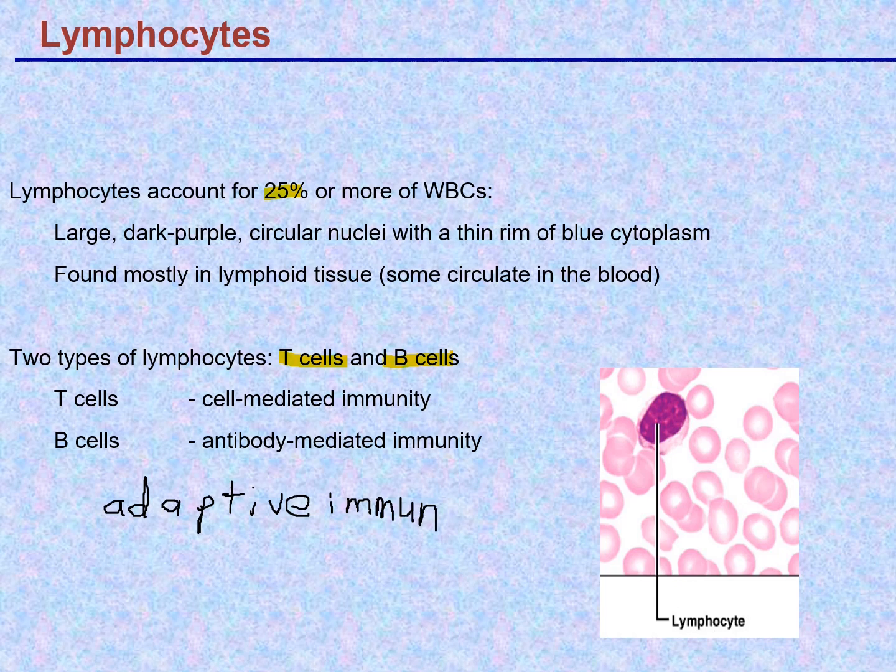The T cells mediate their immune function by the cell itself, whereas the B cell is able to produce and secrete antibody molecules and will mediate their immune response through the secreted antibody. So T cells are mediating cell-mediated immunity, and B cells are mediating antibody-mediated immunity. Together those form the basis of the adaptive immune response, which is also called the specific immune response.